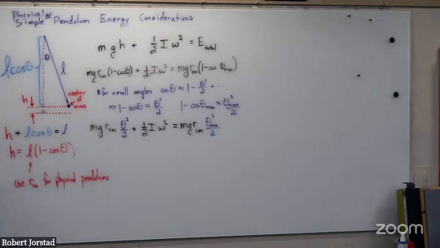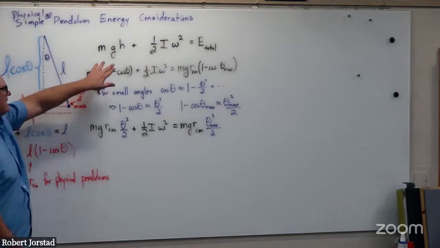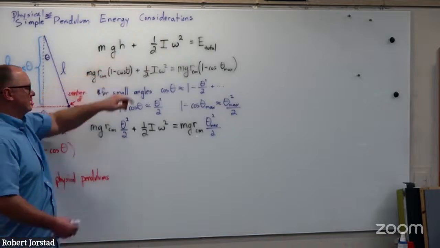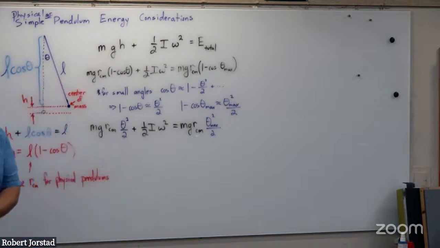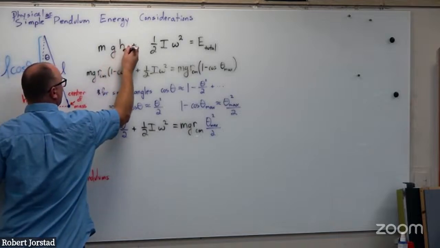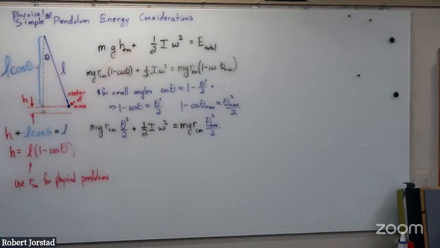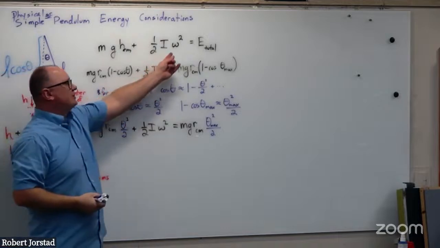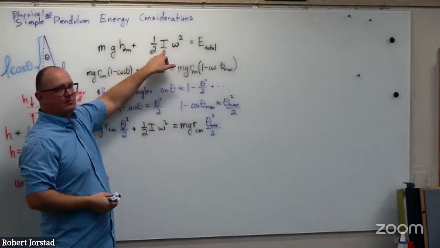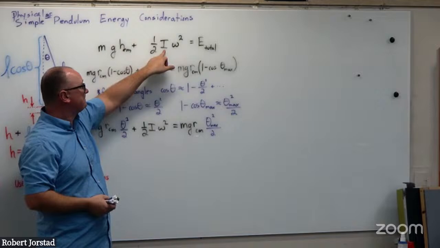And now notice here, I'm saying mgh, and I guess I should be clear. Here I'm talking about the height of the center of mass plus the rotational kinetic energy. Here again, I is the moment of inertia about the pivot.